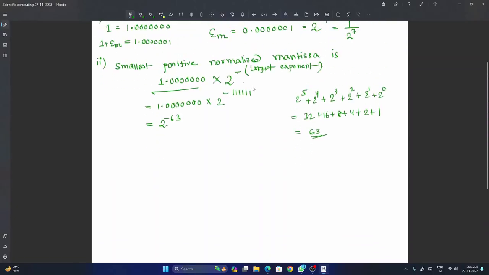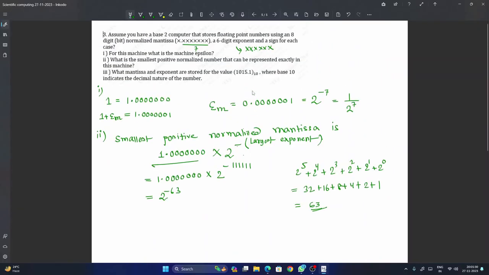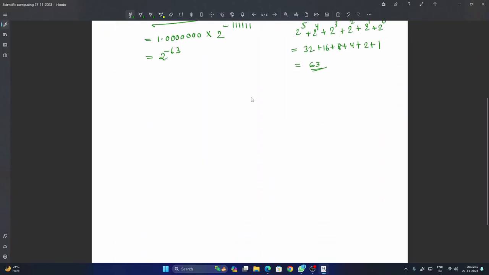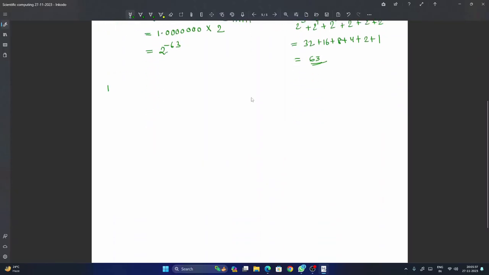So that's why here we will just convert 1015.1 from decimal to binary. So this is the decimal number, make it binary.